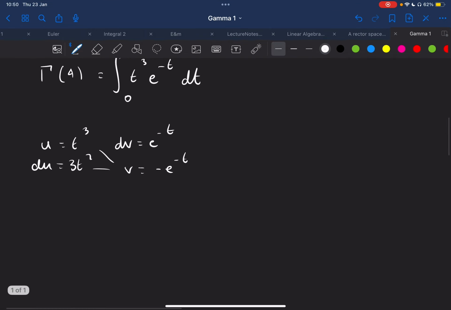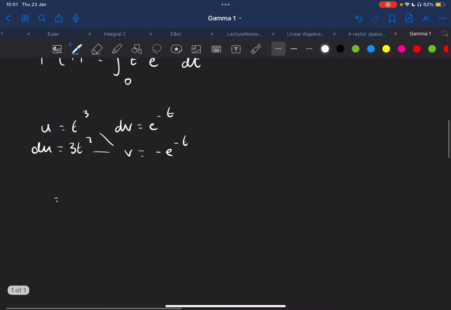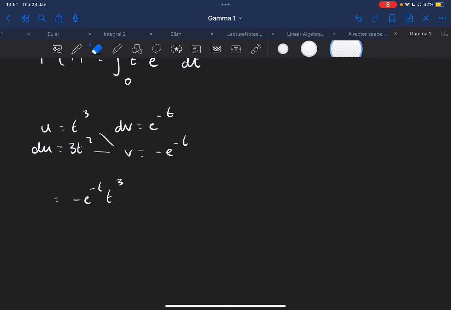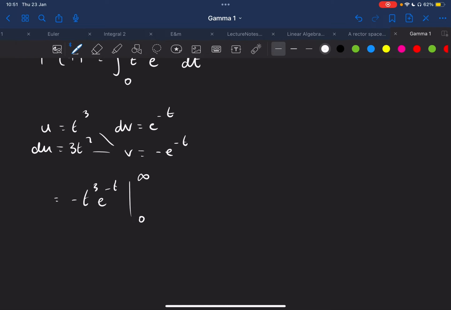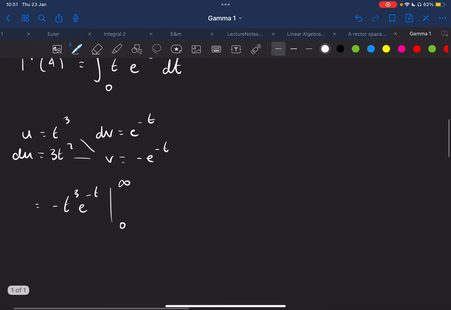So we're going to have minus t cubed e to the minus t, evaluated between infinity and 0. And then plus, because we've got a minus sign on that v term, the integral between infinity and 0, and we'll bring that 3 out, t squared e to the minus t dt.